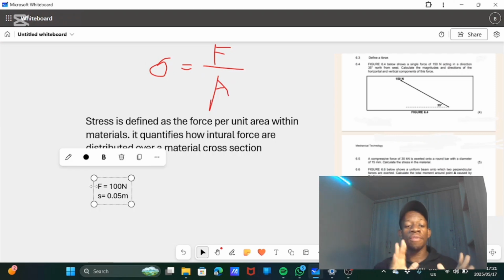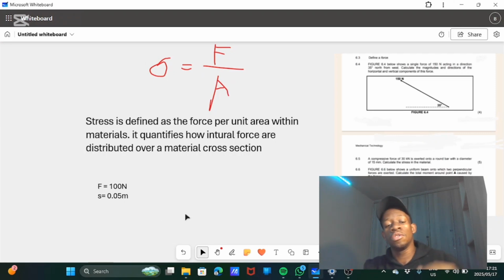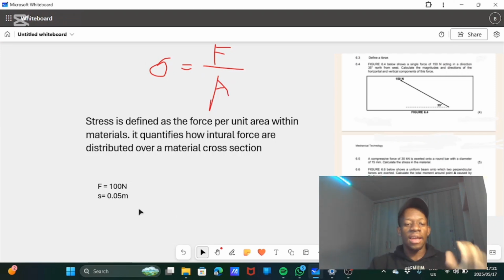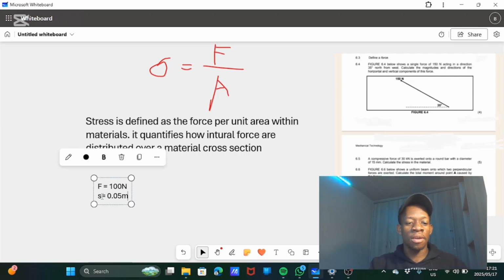We have been given this, and what you need to calculate is your stress. See, we have a force and we have S. S is the side of a square. When you calculate a square, you need a force and sides, and this S is squared.